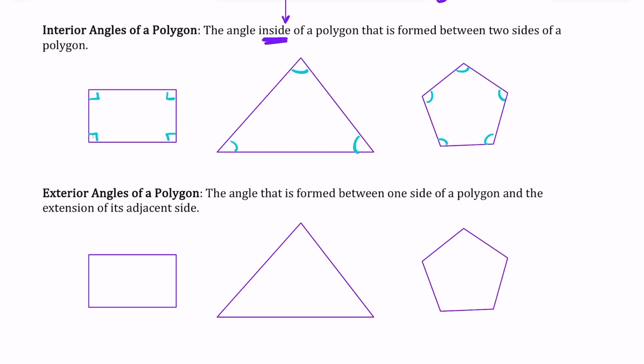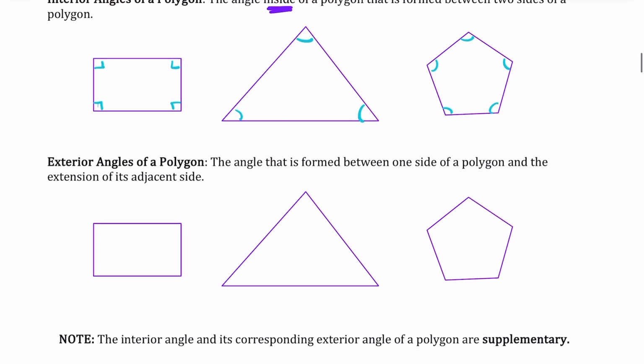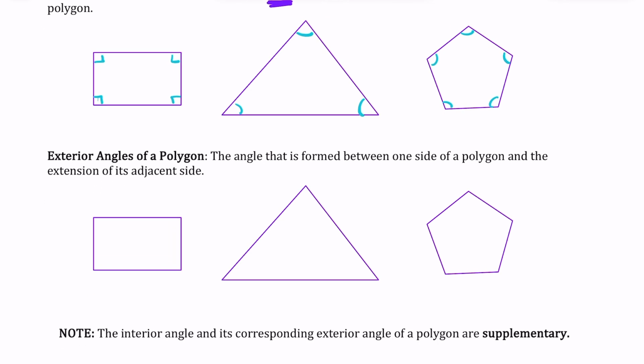Now, exterior angles maybe aren't as obvious to us as interior angles were. Exterior angles are actually formed when I take one side length of my shape, so let's say I'm talking about the side length here, and I extend it past the shape.